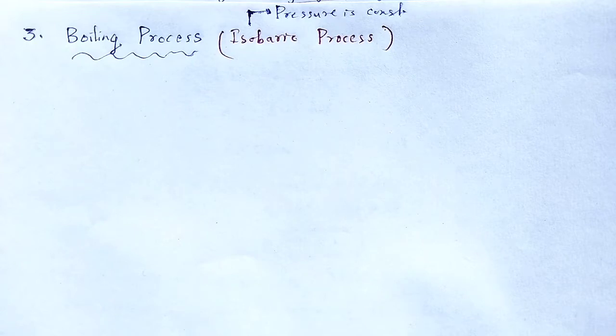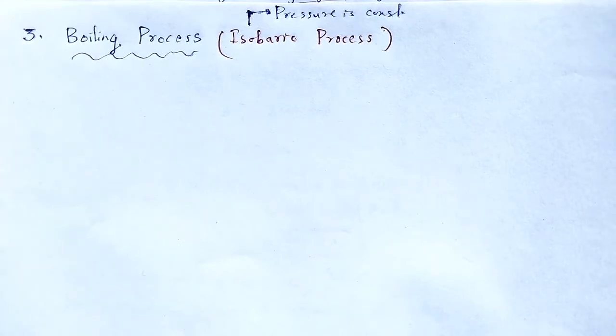What happens at the boiling point? At the boiling point, the pressure is kept constant and unit mass of the liquid requires a definite amount of heat energy to change from liquid to vapor state.